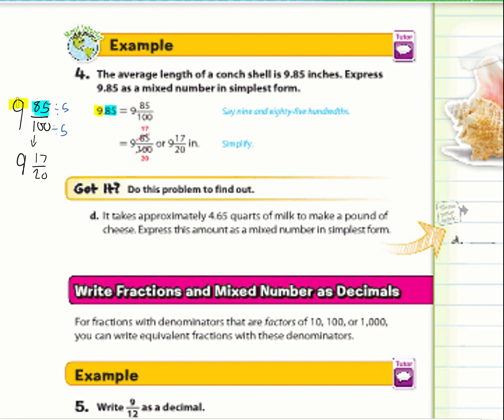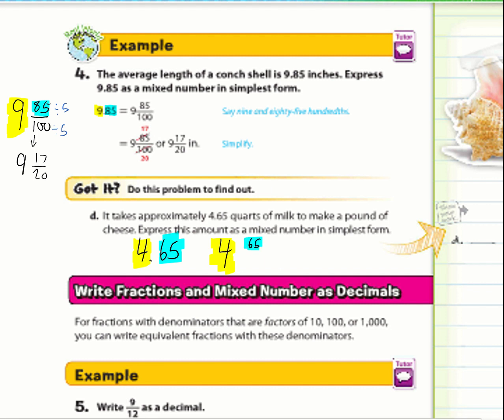So go ahead and try D. I'm going to do D step by step with you guys. So right off the bat, my whole number is going to remain the same. So it's going to be 4. My numerator is my decimal, so it's going to be 65.